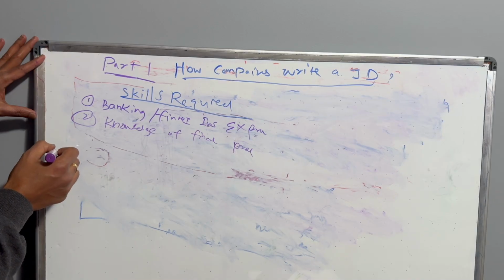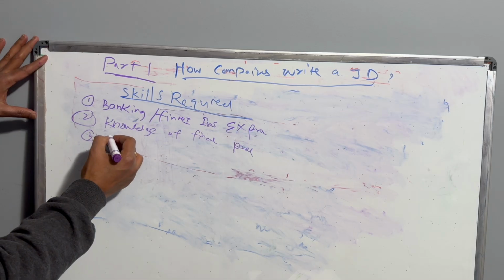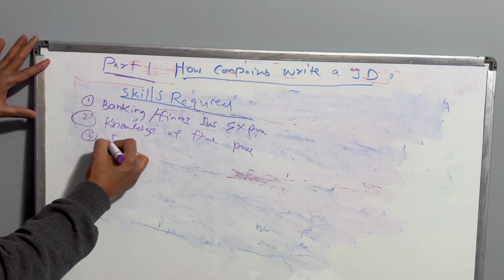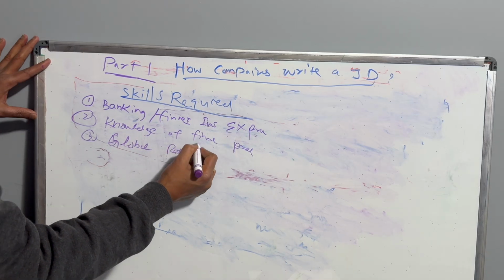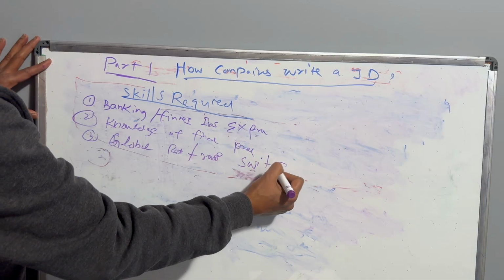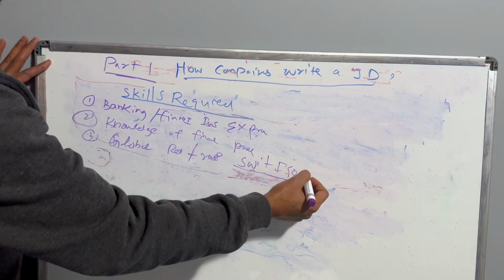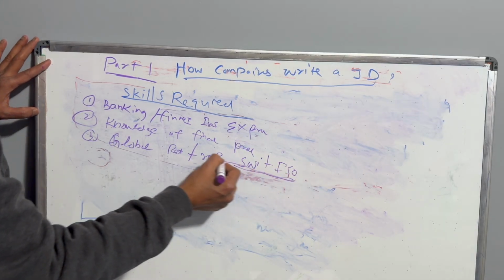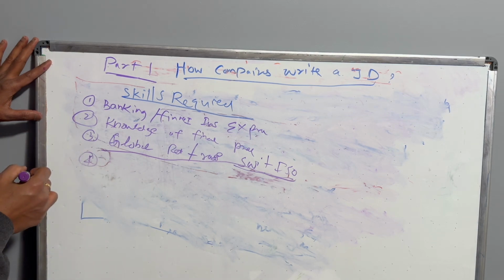Do you have investment product knowledge? Something like that. International, so they are specifically asking about remittance. Let's write global remittance or transfers. Fine. SWIFT, ISO, SWIFT transfers, right? There are different terms. These are specific terms for global transfers.